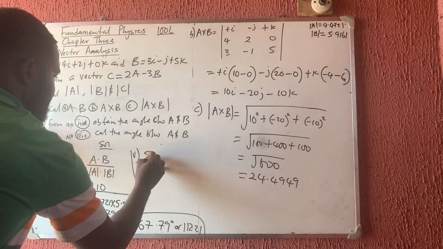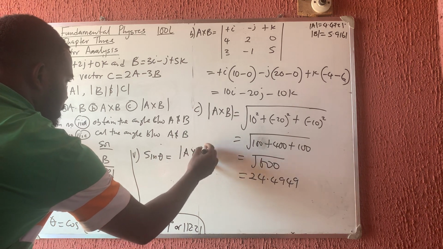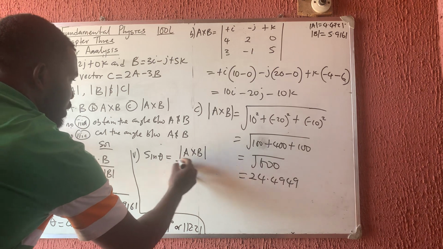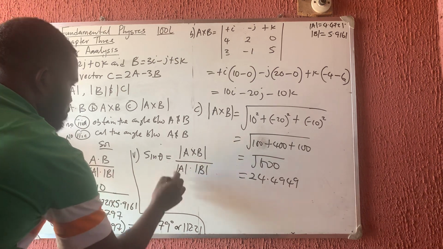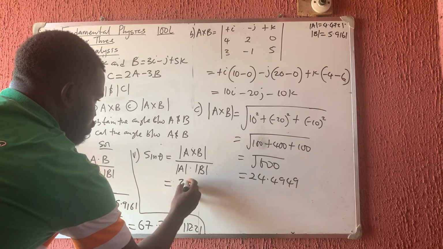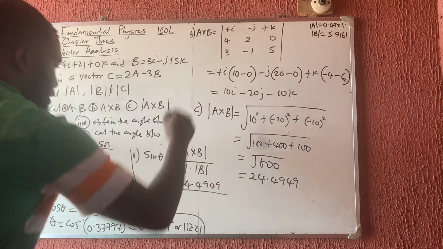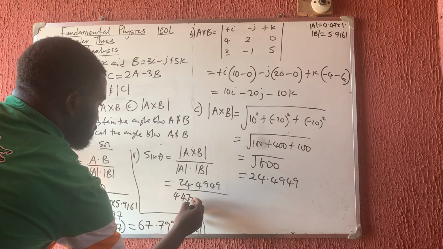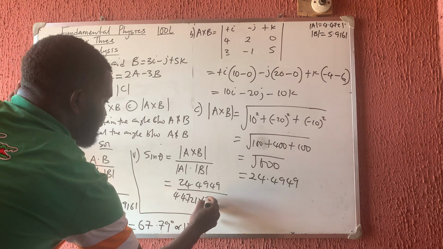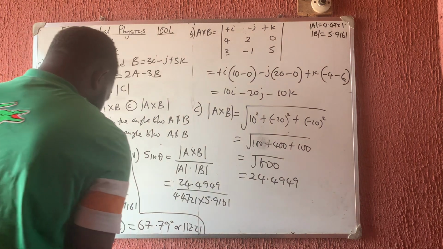So sine theta is equal to the absolute value of A cross B, that is, the magnitude of A cross B all over the magnitude of A times the magnitude of B. Which is what we have gotten to be 24.4949 divided by 4.4721 times 5.9161.